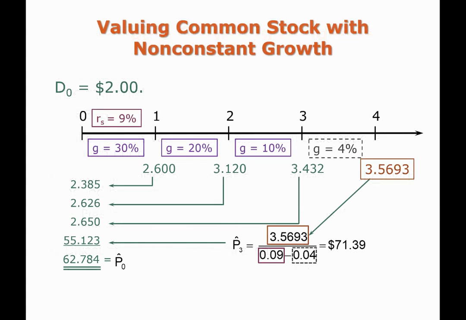For example, here we're talking about a case where there is some rapid growth in dividends, and then there's some constant growth in dividends. So for example, in the current year, you have a 9% required rate of return on this dividend. The growth is 30% in year one, and 20% in year two, and 10% in year three.